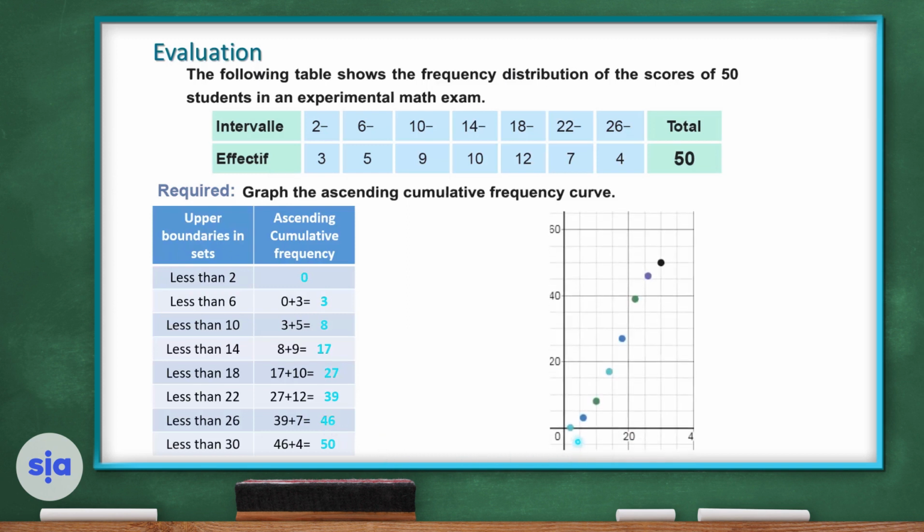As you can see here, it's 2 and 0, then 6 and 3, 10 and 8, 14 and 17, 18 and 27, then 22 and 39, 26 and 46, 30 and 50. So the points, these points, we got them from the ordered pairs in here from the frequency table. So here it's 2, 0, 6, 3, 10, 8, and so on.